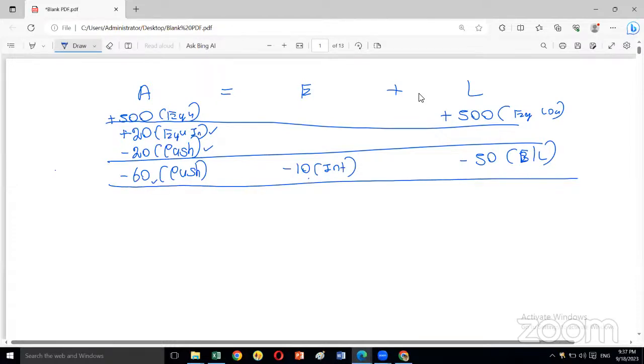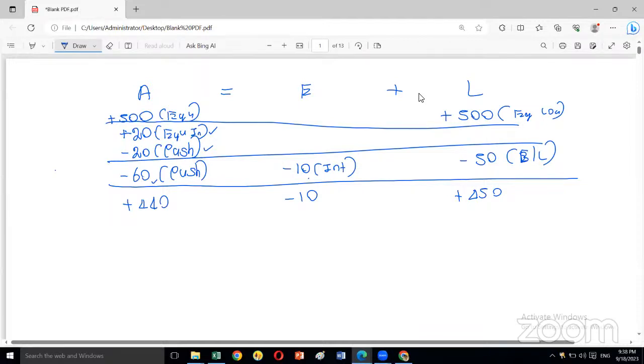So finally, I'm going to get the total. Plus 500 minus 50. Answer will be how much, Buddha? Plus 450. Here minus 10. So here 500 plus 20 and minus 20, 0. 500 minus 60. Answer will be plus 440. Okay, so what is the correct answer?